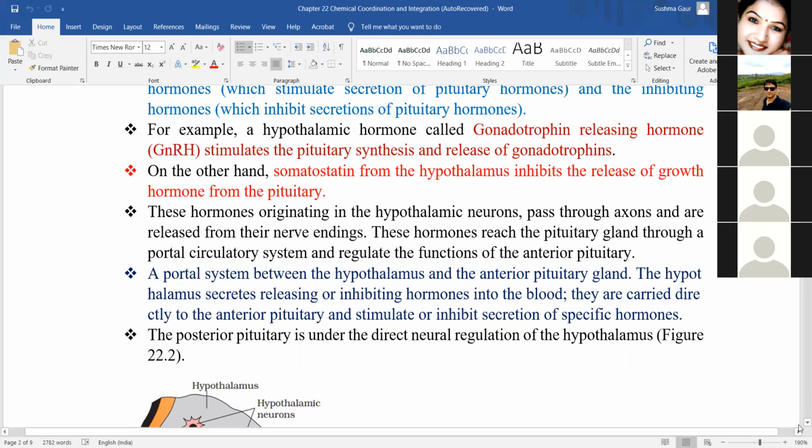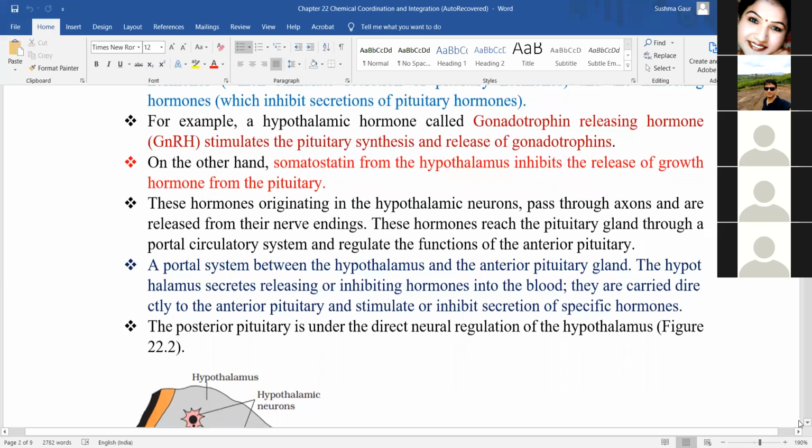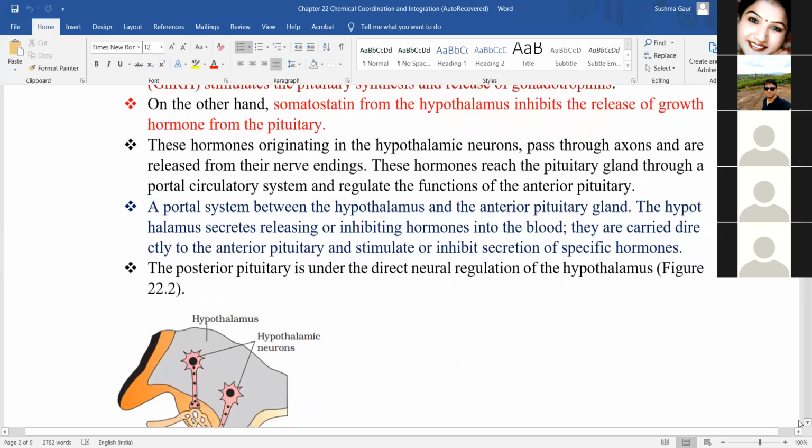So if a question is asked to give an example of one inhibitory and one releasing hormone produced from the hypothalamus, will it be possible for you to answer?